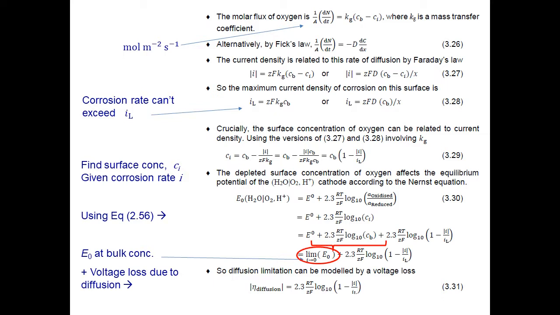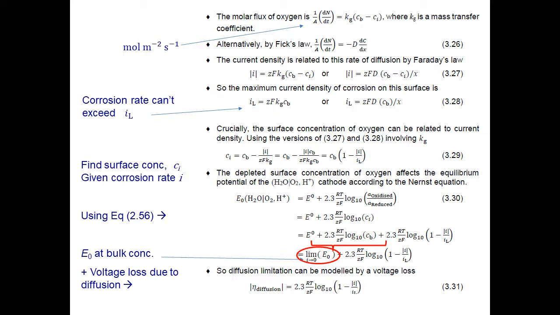And that expression is given after some rearrangement by equation 3.29, and it will turn out that your surface concentration of oxygen is equal to the bulk concentration times 1 minus the actual current density over the limiting current density. So that's the right-hand-most version of equation 3.29.